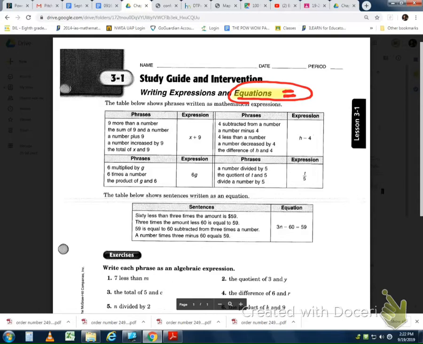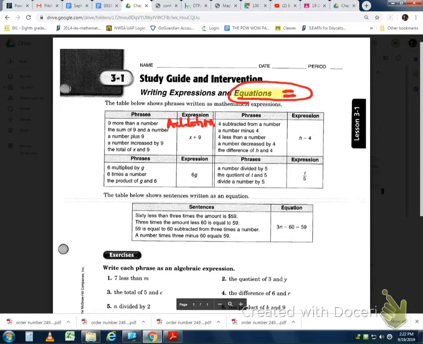Okay, now there is a table that has lots of different words that represent the 4 math operations. So we're going to look at the 4 different operations. It looks like in the top left, all of these represent addition. So for addition, we have the expression x plus 9.